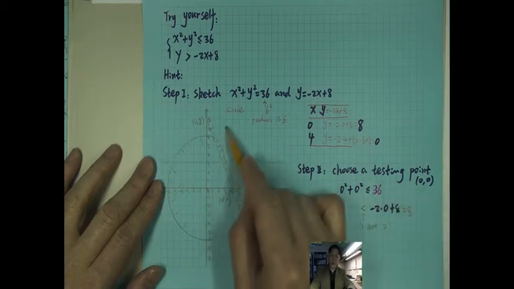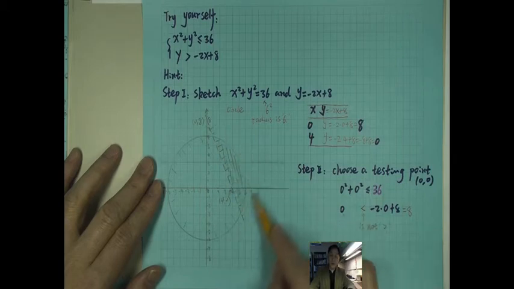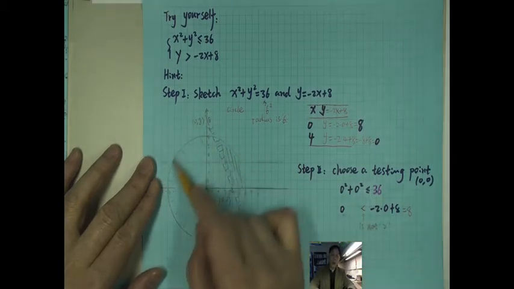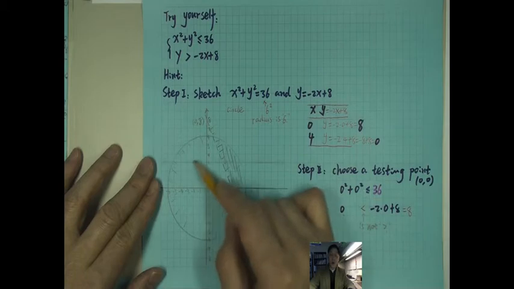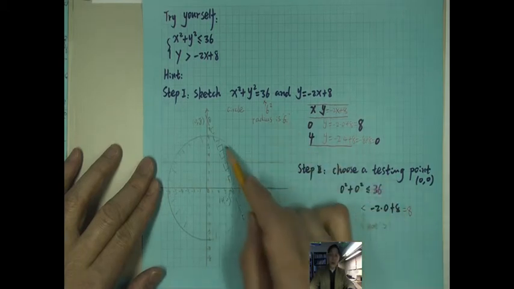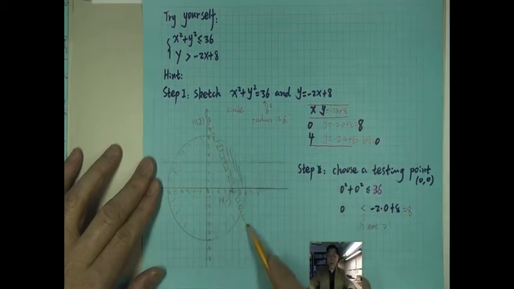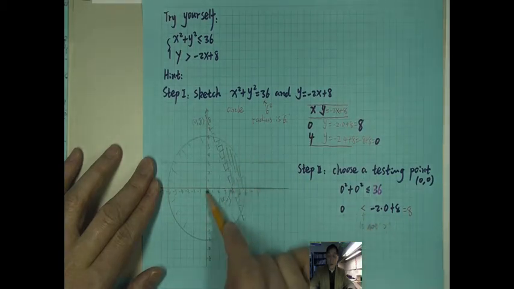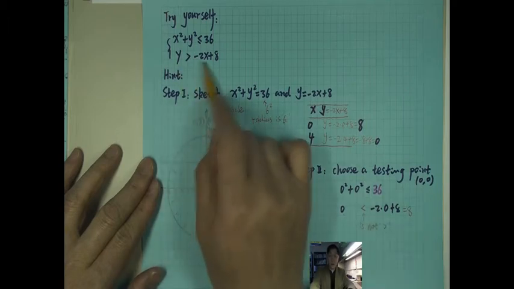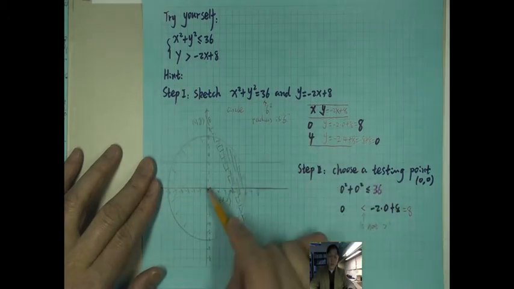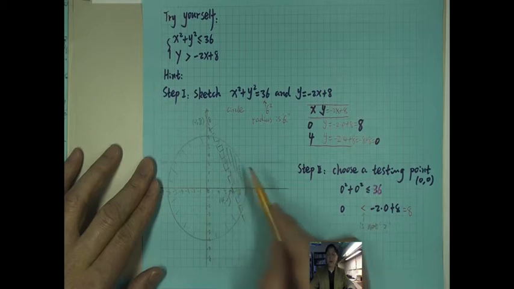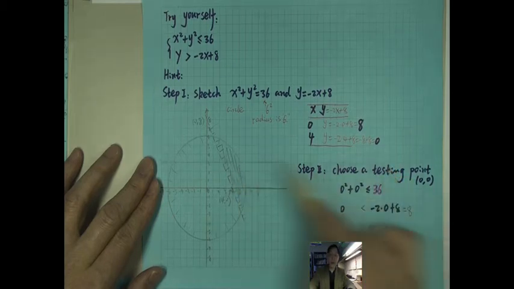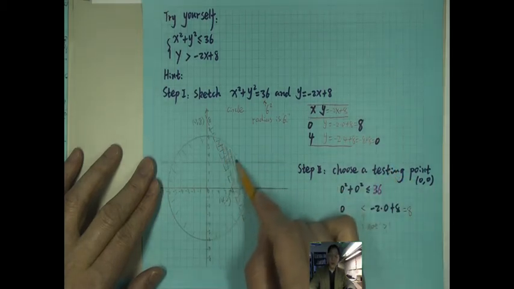So that would be this side. And then you know one region is inside the circle. Another is from this line to the right, which does not contain origin. Again, it's because origin does not fit this inequality. So that's why you need to mark the other side. Okay. And then the common part would be this shaded area.